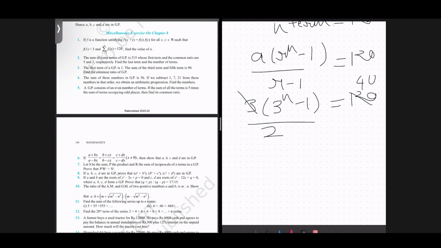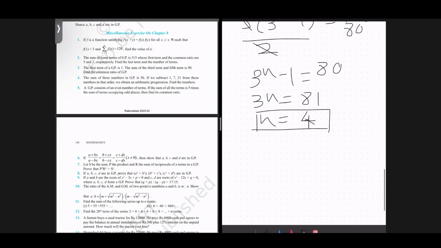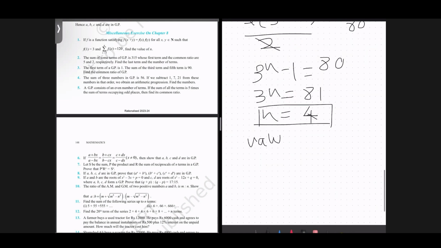Then you multiply again by 2, you get 80. Right. So 3 raised to the power n minus 1 is going to be 80. 3 raised to the power n is going to be 81. n is going to be 4. Right. So the value of n is equal to 4. Right.